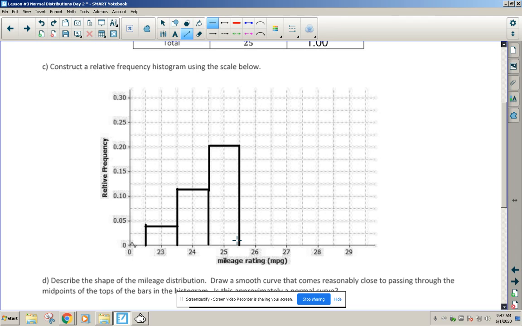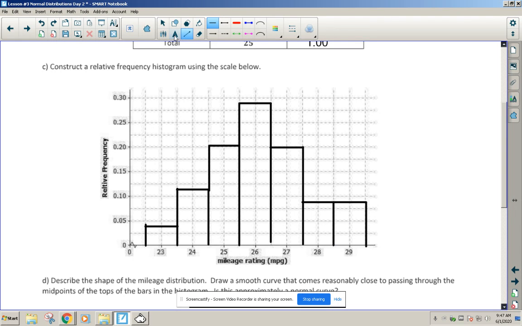And then 28. And then 20 again. So hopefully your histogram looks like mine.